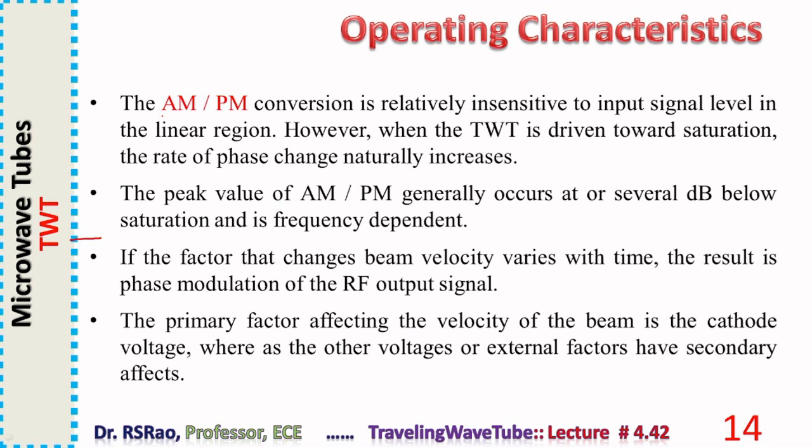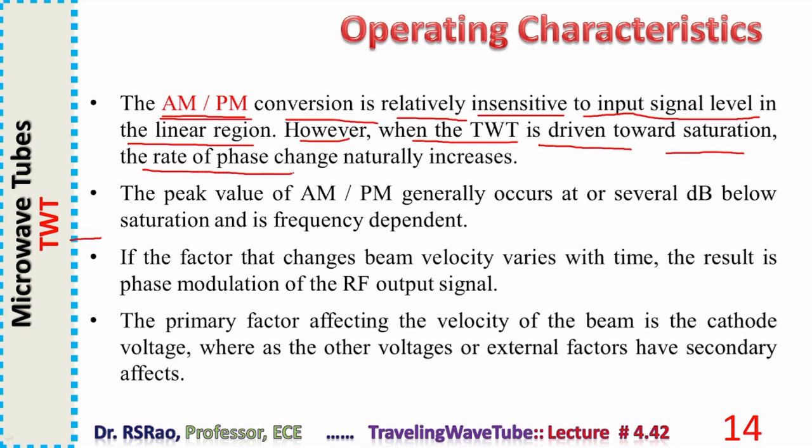Now, a few points regarding AM-PM conversion. The AM-PM conversion is relatively insensitive to input signal level in the linear region. However, when the TWT is driven towards saturation, the rate of phase change naturally increases. The peak value of AM-PM generally occurs at or several dB below saturation, and it is frequency dependent too.